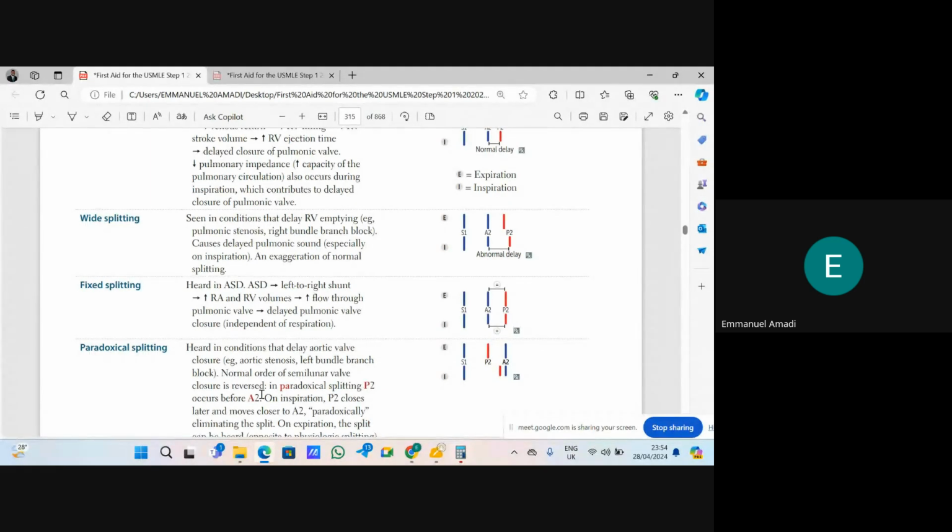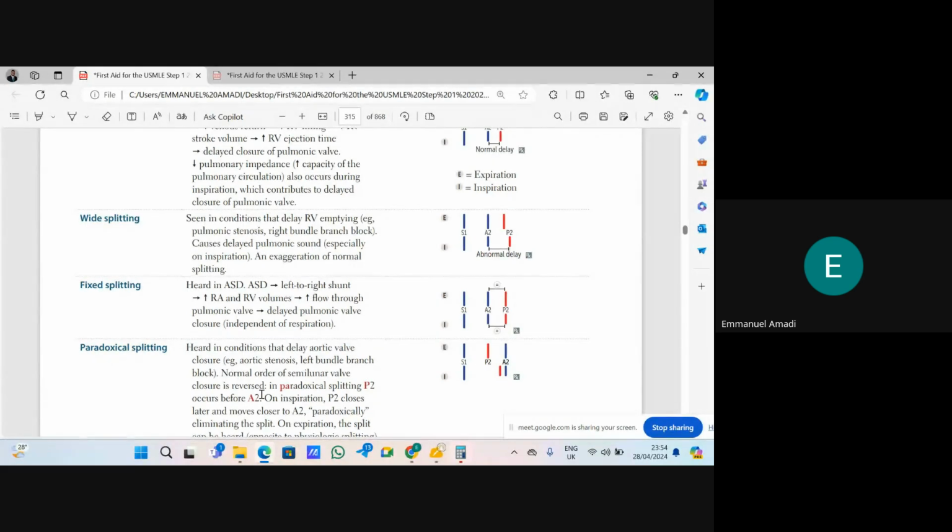Now, a lot of people used to cram this thing: whenever you hear fixed splitting of S2, it is ASD. When I started, I also crammed it. When I was doing MBME questions, in fact, where I did my USMLE, that was the norm.